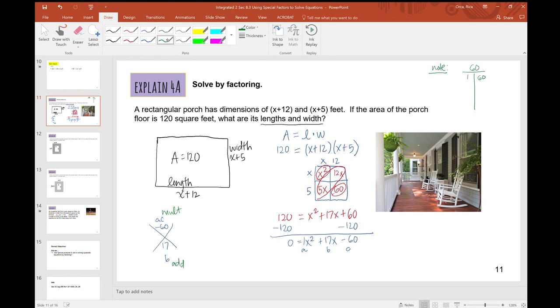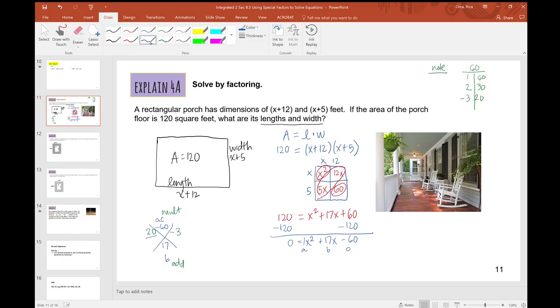No, it won't. 2 times 30 will give us 60, but when you add those together, it will not be 17. 3 times 20 is 60, but if we add these together, we might be able to manipulate this to get 17. So I'll make it negative 3. Negative 3 times 20 will give us negative 60, and if we add 20 and negative 3, that'll give us positive 17. So the numbers are 20 and negative 3.